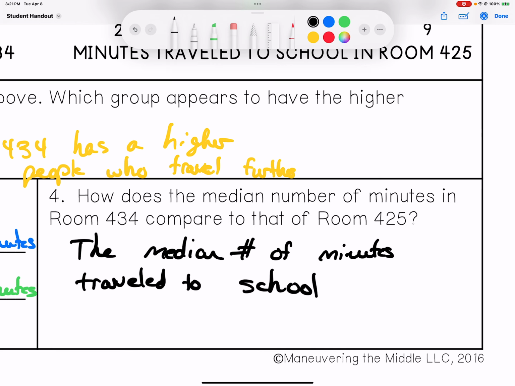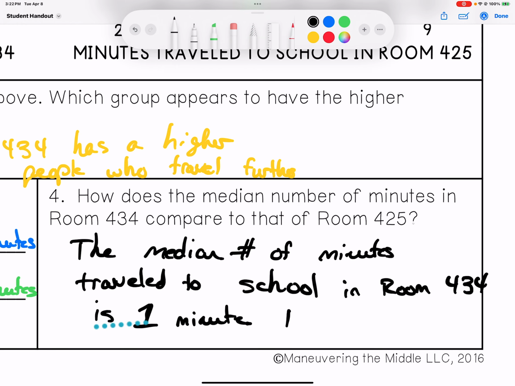The median number of minutes traveled to school in room 434 is 1 minute longer. Okay?